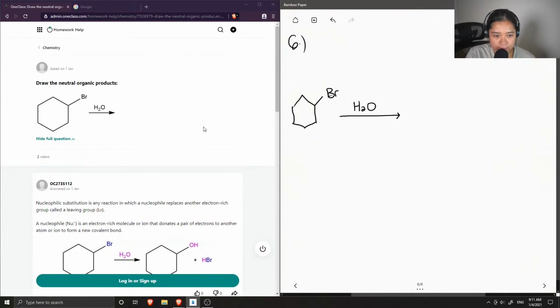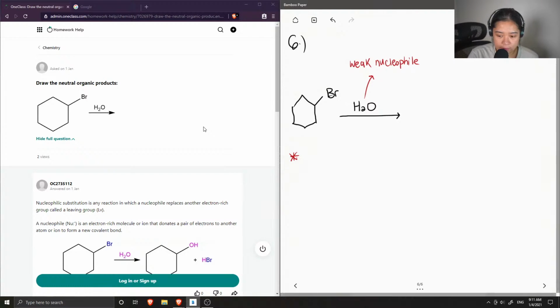So water is considered a weak nucleophile. And now let's analyze our reactant. We have a secondary alkyl halide and a poor nucleophile.